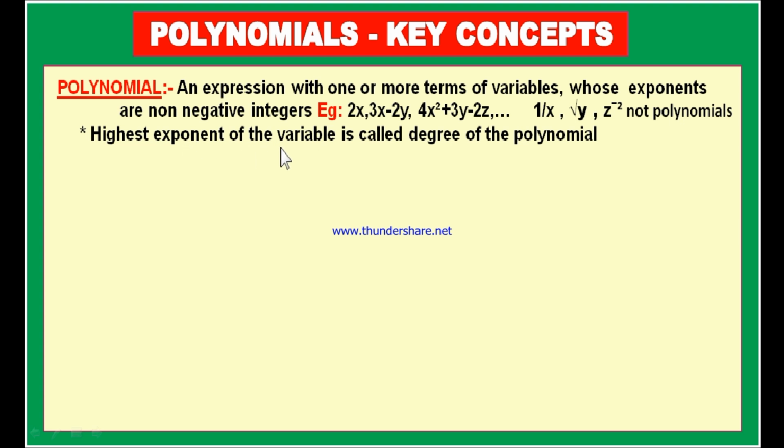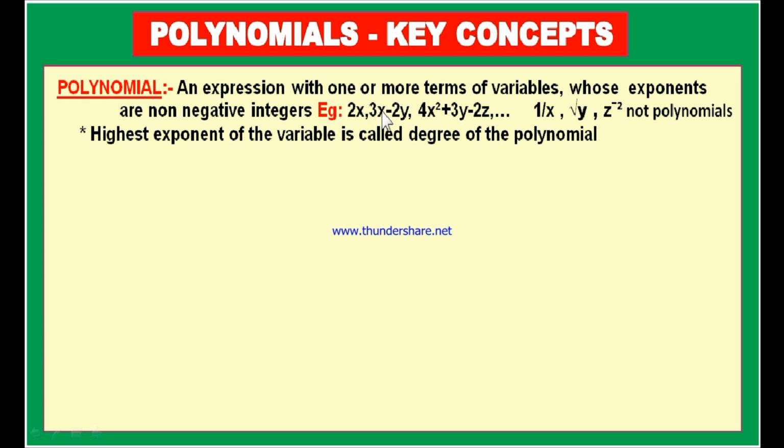The degree means the highest exponent of the variable. Here, since there is only one term, there is only one highest power. Therefore, the power of the variable x is 1. Therefore, the degree of the polynomial 2x is 1.